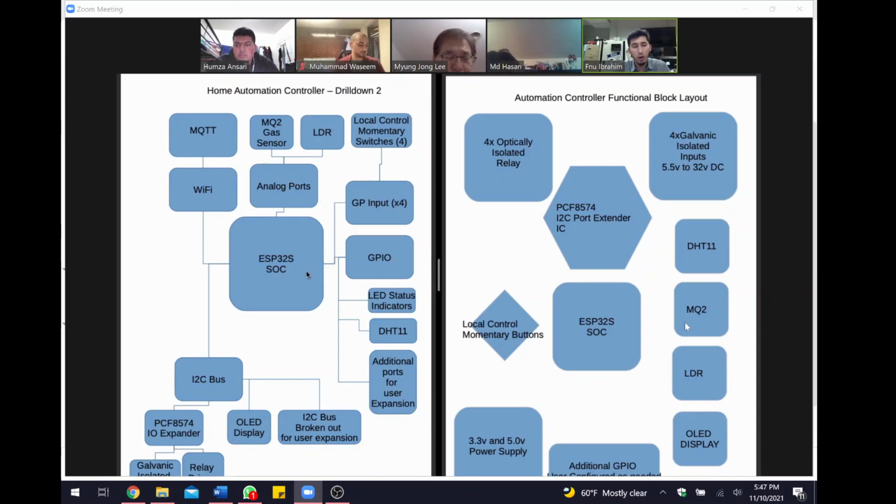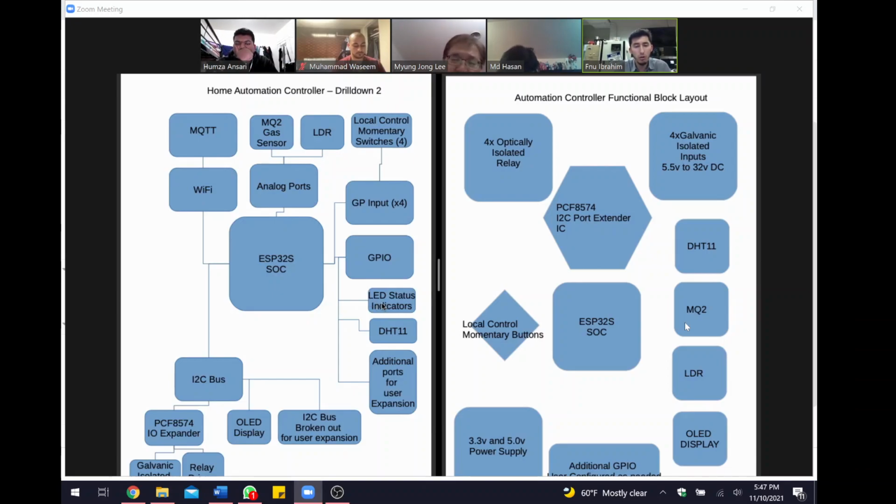It also has four general purpose inputs, and all those inputs are connected to switches, so if something goes wrong with our system, we will be able to use them manually. There is also a general purpose input and output for later use.